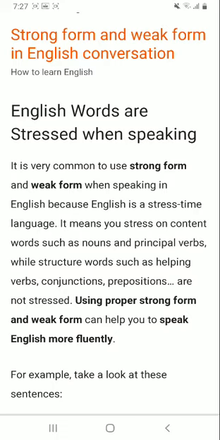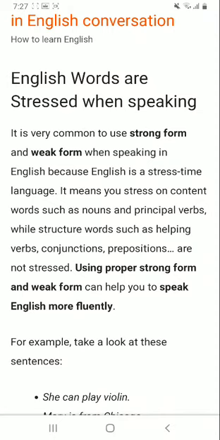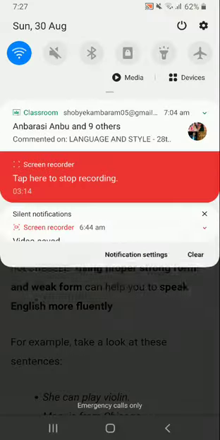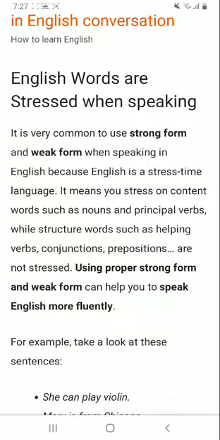If we pronounce the word without any stress, it comes under the weak form. So these are the main content of strong and weak forms of the word. For nouns, principal verbs, and structure words such as conjunctions and prepositions, we don't stress. We never go with the stress.